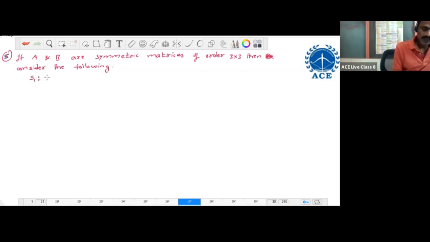S1: AB equal to BA. S2: AB minus BA is singular. Which of the following is true?